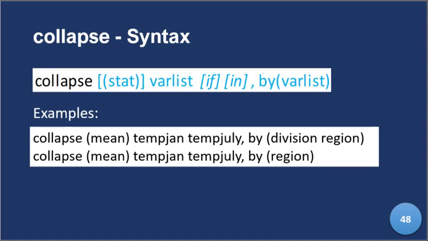So you can look at two continuous variables, find their means across division and region, or you can find their means across region. So we're going to take a deep dive into Stata practically in this session, and we're going to look at these three commands.